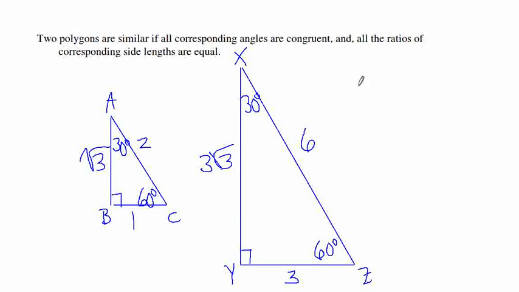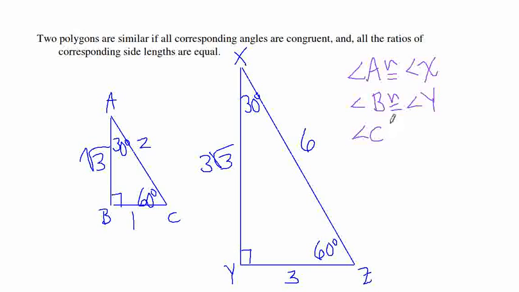First, we would say, okay, is angle A congruent to its corresponding angle on the other triangle, which would be angle X? And yes, that is true. Is angle B congruent to its corresponding angle on the other triangle, and that would be angle Y, and that's true.